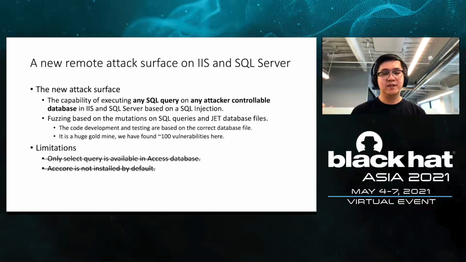So we do fuzzing based on mutations of SQL queries and Jet database files. With this strategy, we have found around 100 vulnerabilities. It's a huge gold mine. Hope you can find your own vulnerabilities to attack IIS and the SQL Server with this method.